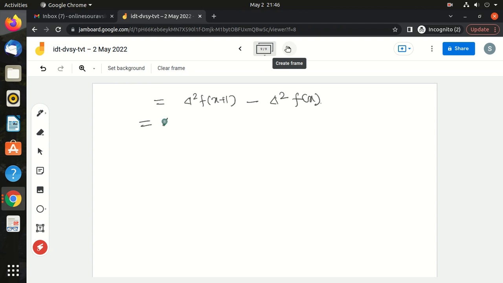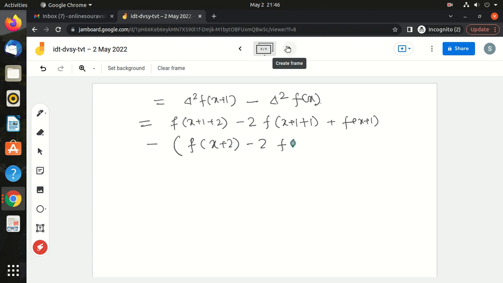For delta 2 of f of x, you get f of x plus 1 plus 2 minus 2 into f of x plus 1 plus 1 plus f of x plus 1, and now minus f of x plus 2 minus 2 into f of x plus 1 plus f of x.